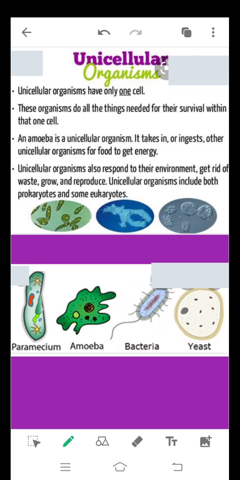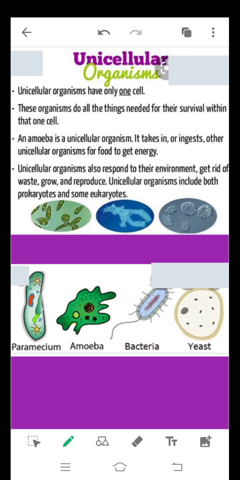Unicellular organisms have only one cell. These organisms do all the things needed for their survival within that one cell, because that one cell is capable of performing every function of life. Amoeba is a unicellular organism. It takes in or ingests other unicellular organisms for food to get energy.